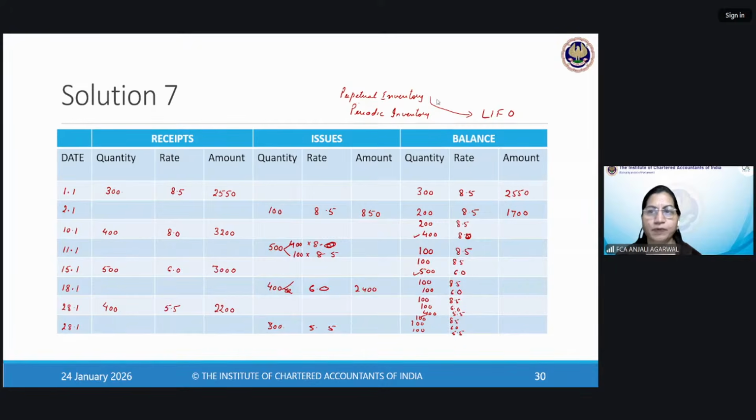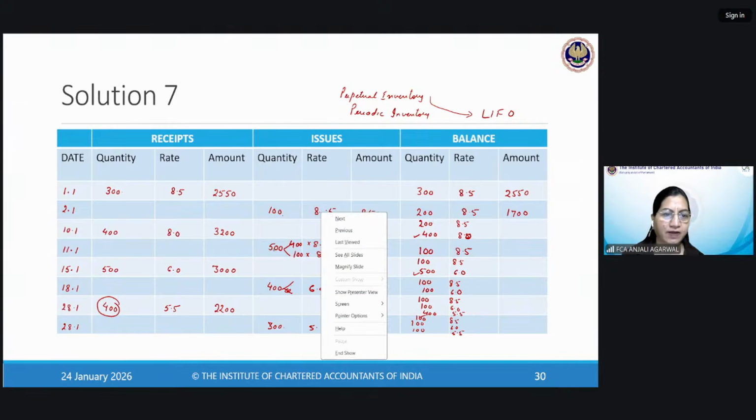This was LIFO perpetual. If I take LIFO periodic, I will assume that first this 400 will go, so this 100 will also go at 5.5. Of this 500, 300 will go at 5.5 and 200 will go at 6.